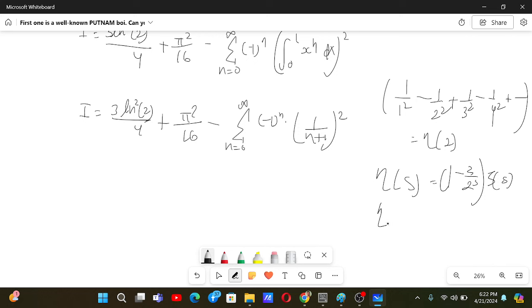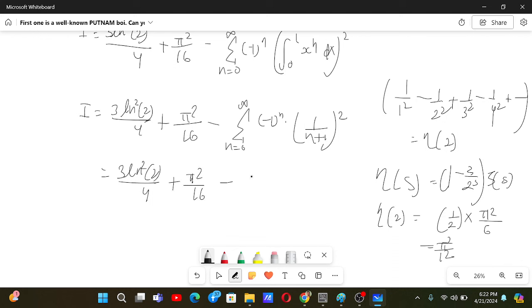So eta of 2 will be 1 minus 2 by 2 squared, so that's 1 minus 1 by 2, that's 1 by 2. 1 by 2 times zeta of 2, which is pi squared by 6, so this is pi squared by 12. Yeah. And we get 3 ln squared 2 by 4 plus pi squared by 16 minus pi squared by 12.